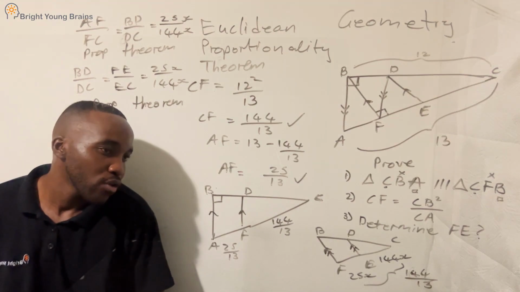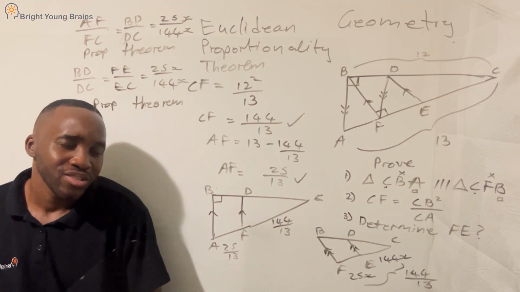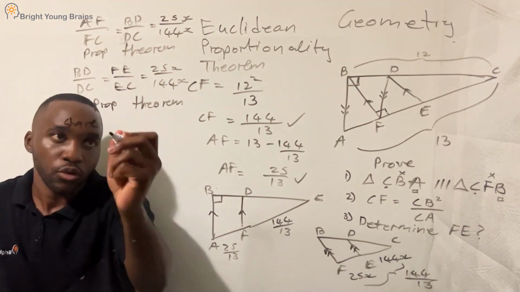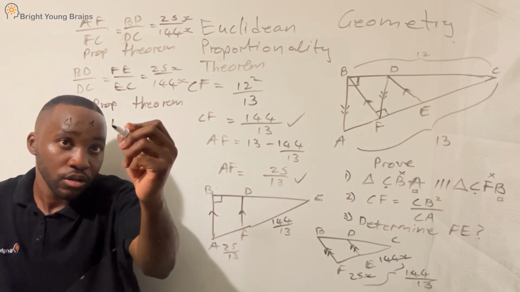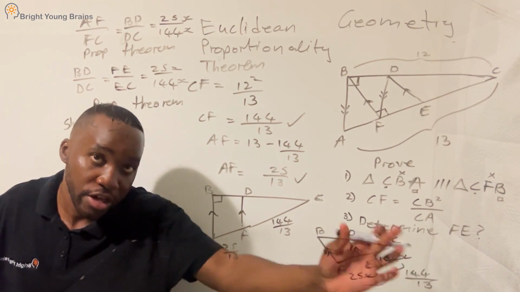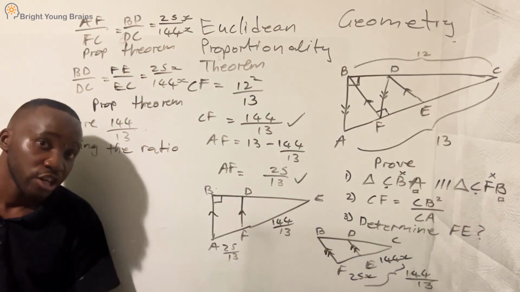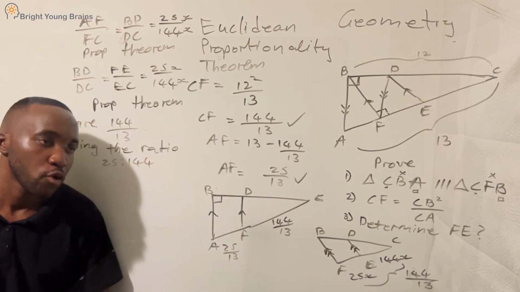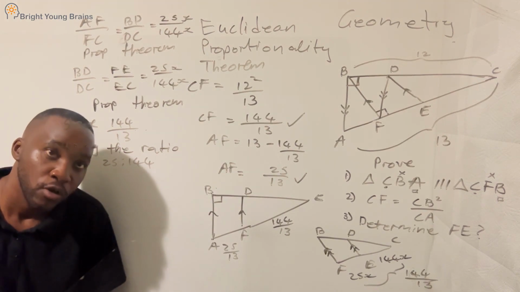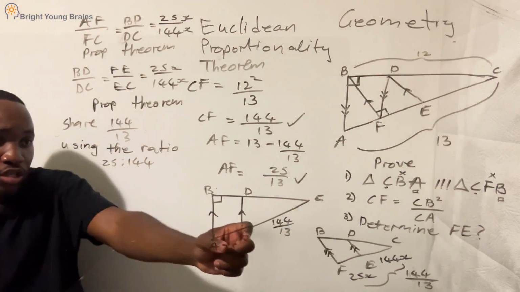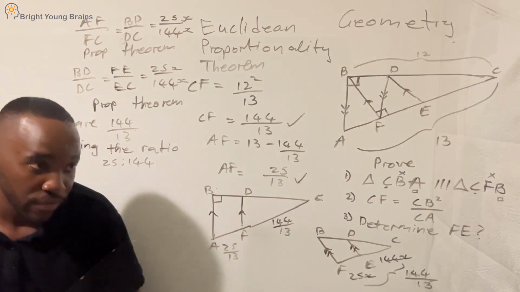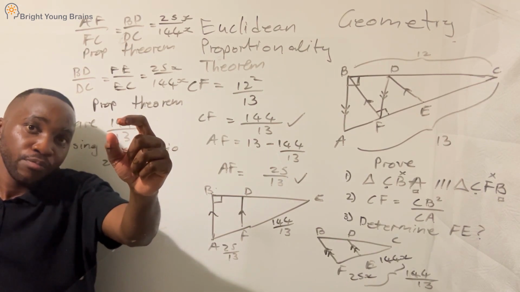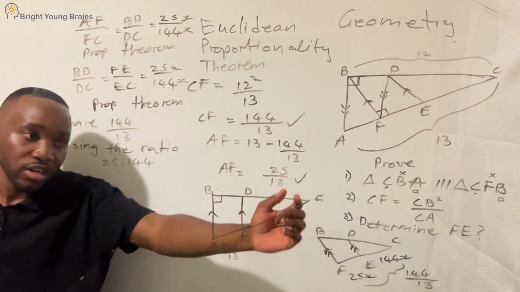We need to break down 144 over 13 using the ratio 25 to 144. We want to share this whole length using the ratio 25 to 144. Remember, our concern is mainly the 25. So the whole 144 over 13, that's the whole thing, right?